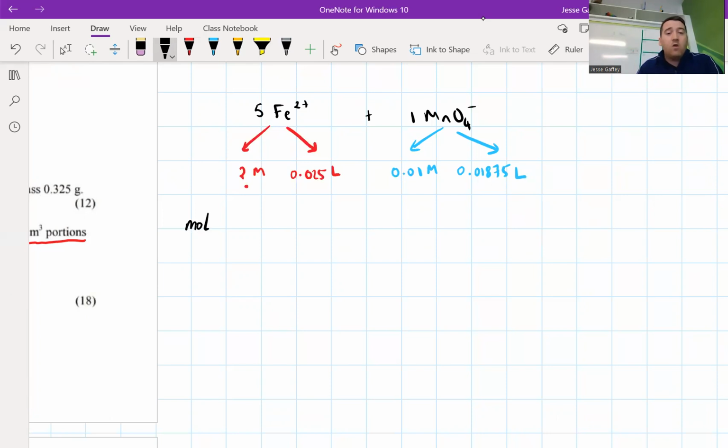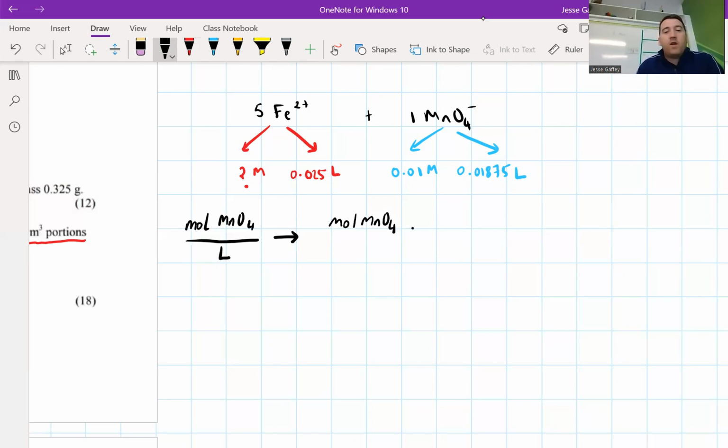What we know is the moles of MnO4 per liter. What do we want to go to? Think about the steps we have to go through here. Pause the video and work your way along. What we want to go from is moles per liter. Well, we didn't use a liter. We used a certain amount in a titration. So work out how many moles of MnO4 we used per titration.